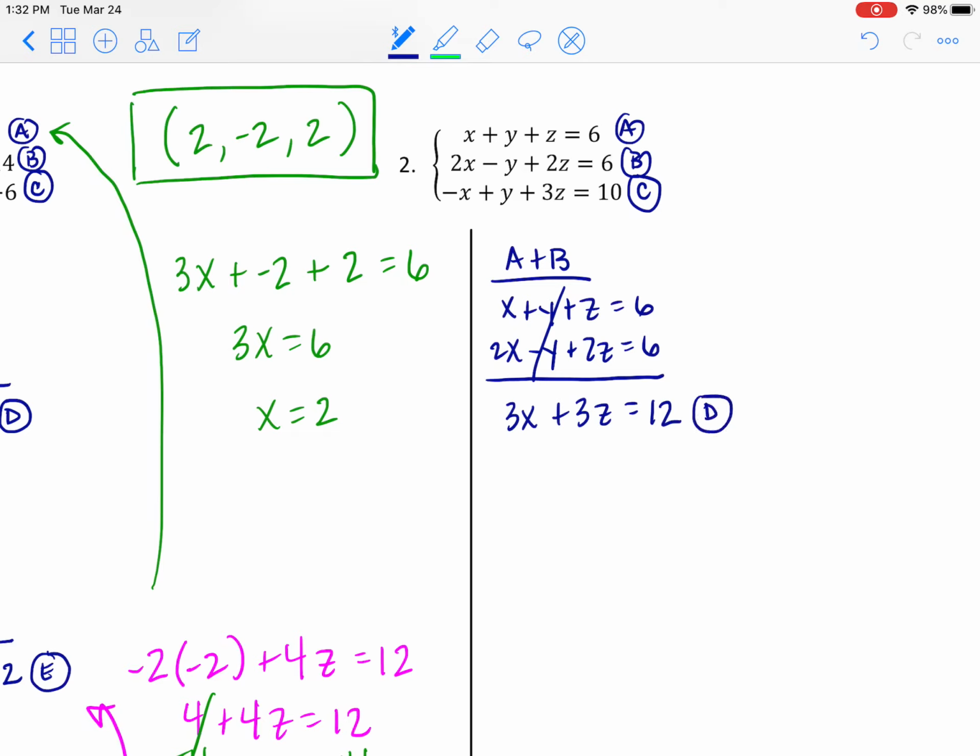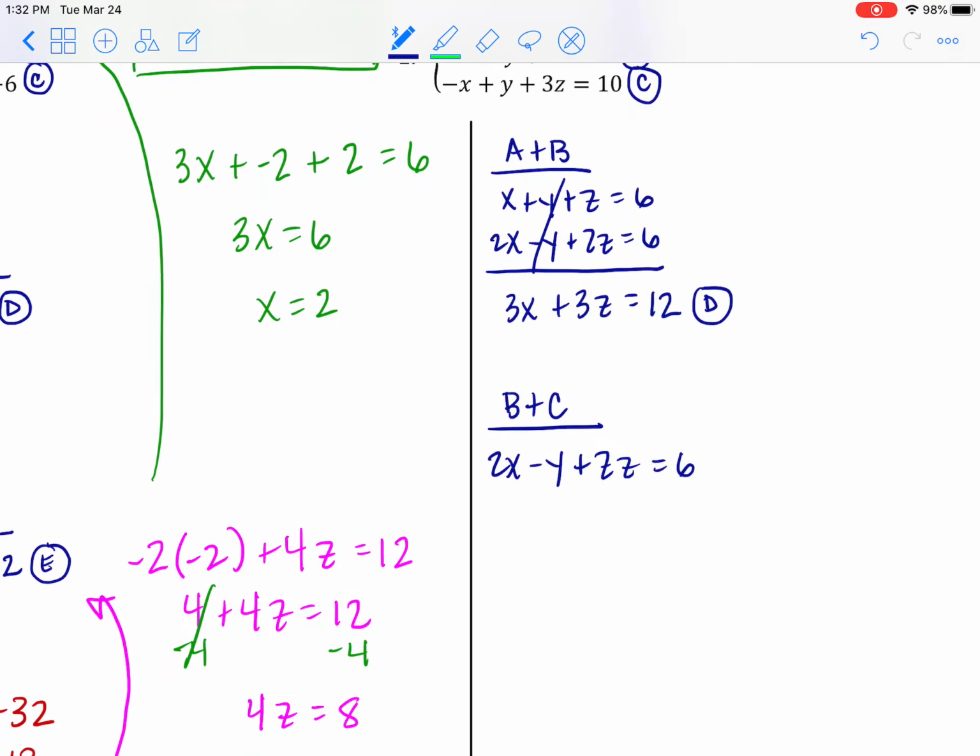So now I need to pick 2 different equations and eliminate the same variable. I used A and B. In the next step, I can use A and C or B and C and get rid of y's again. So I'm going to choose B and C this time because adding B and C as is will make those y's go away without having to multiply. So B plus C. B is not changing: 2x minus y plus 2z equals 6.